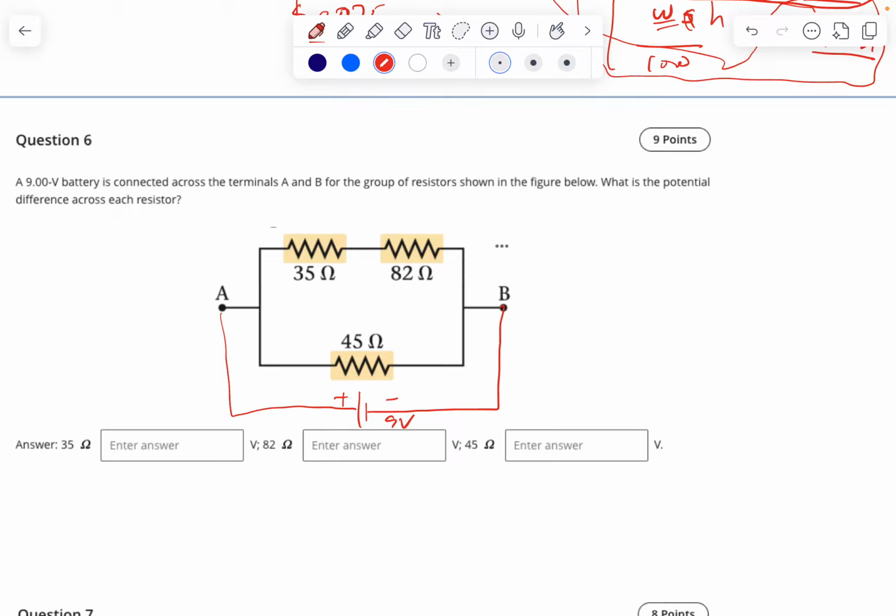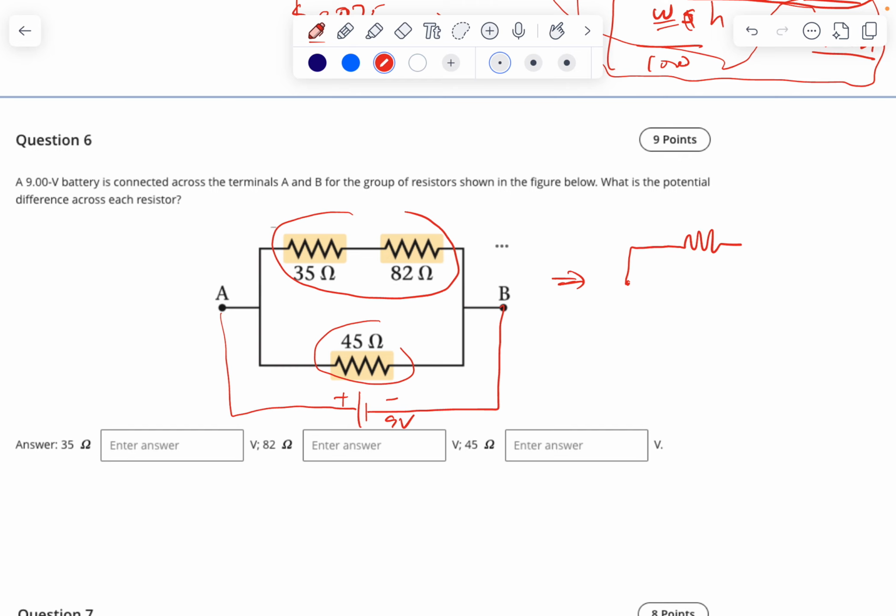Look at this map. You can tell the 45 and this group are connected in parallel. In parallel means the voltage is the same. So you can simplify this whole circuit like this.